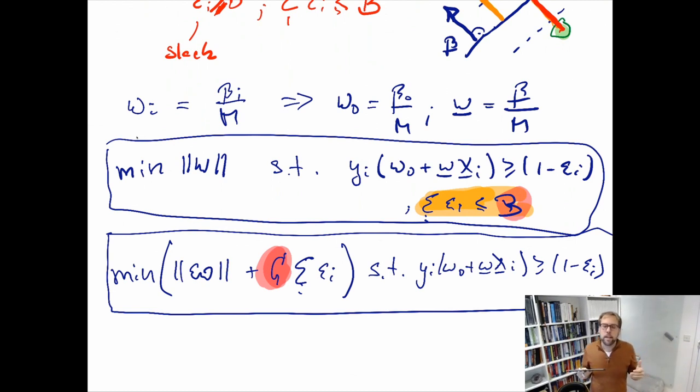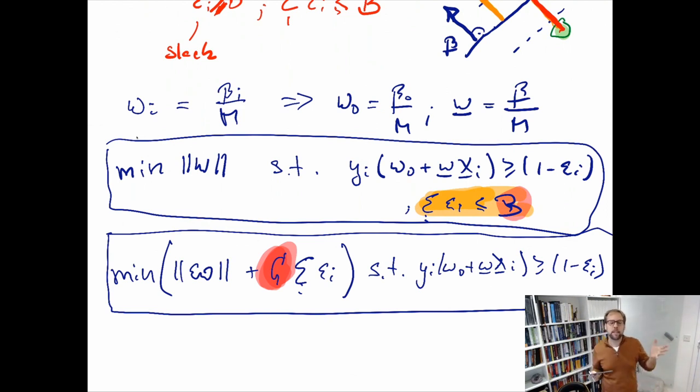But conversely, if I choose B equal to 0, then effectively I'm just focusing on this constraint. I just want to have all epsilons being 0, which is the same as focusing on this constraint here, which will put emphasis on this second constraint.